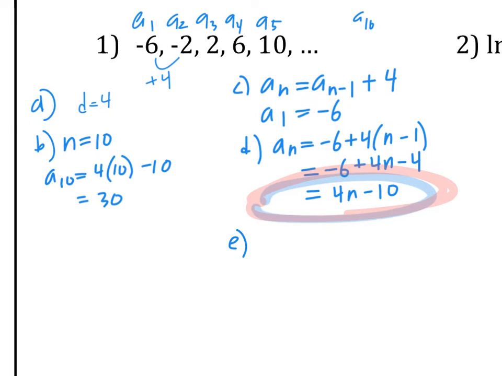Because we are only talking about the first term, the second term, the third term. We're never going to say 1.125 term. So real numbers is not included in this sequence. So basically, n can only be integers.